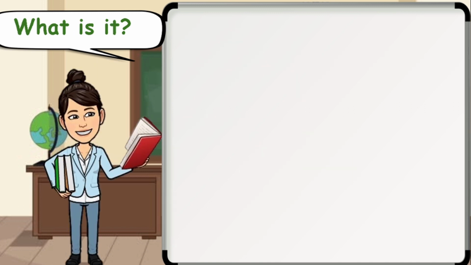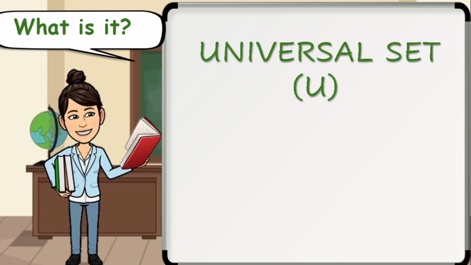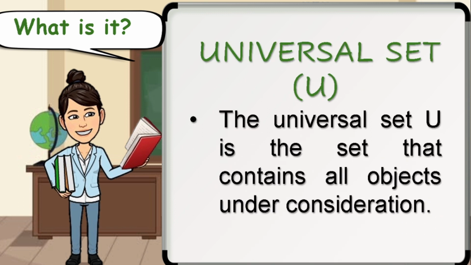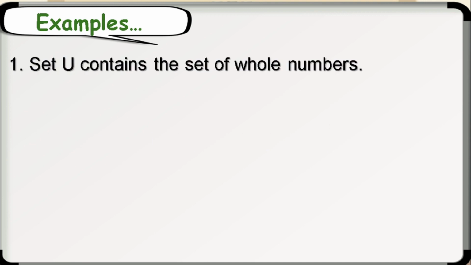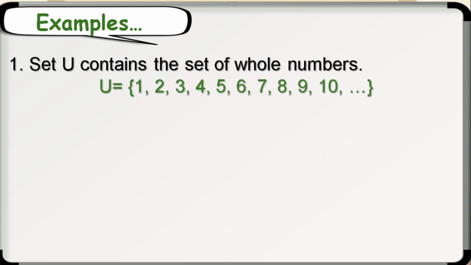Let's have the universal set denoted by capital letter U. The universal set U is the set that contains all objects under consideration. Examples. Number 1, set U contains the set of whole numbers. So the universal set would be 1, 2, 3, 4, 5, 6, 7, 8, 9, 10, and so on.